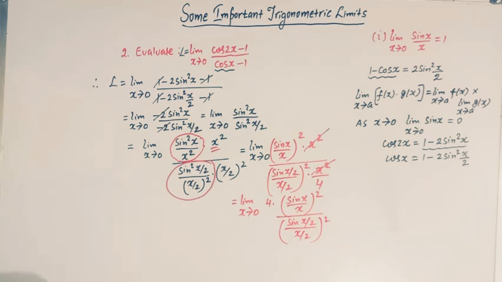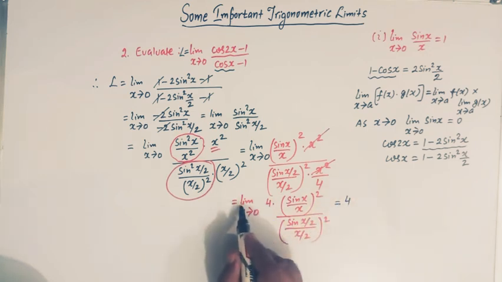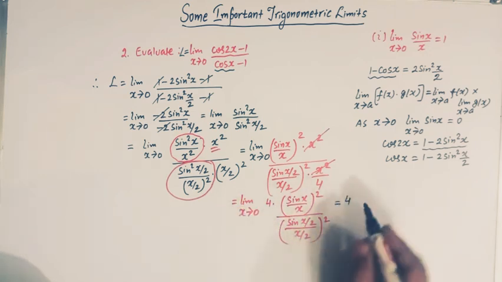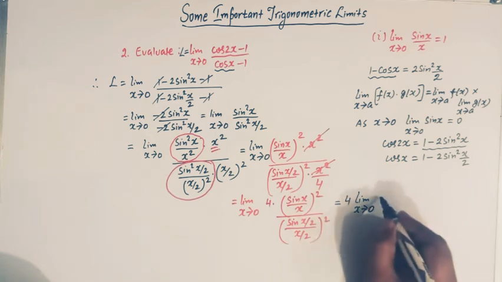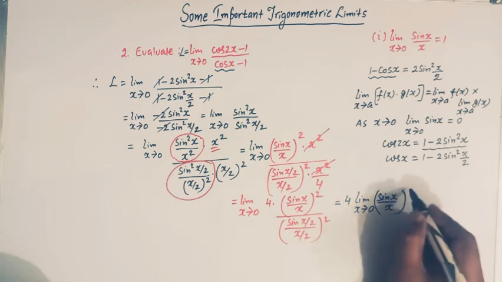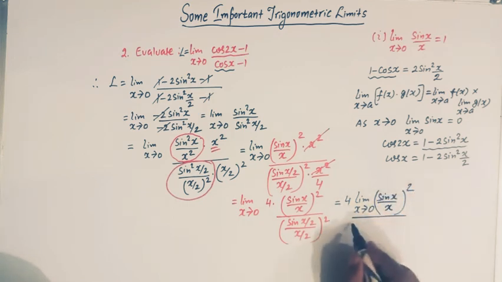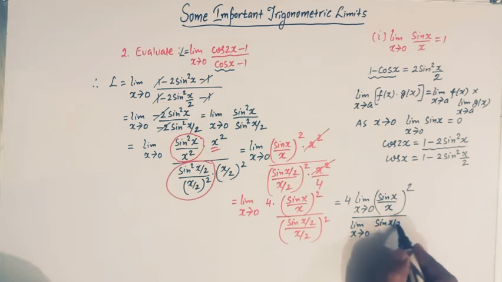Okay, now we can write this expression as taking 4 outside this limit sign. So we have limit x tends to 0, (sine x over x) whole square, and then divided by limit x tends to 0 (sine x by 2 divided by x by 2) whole square, right?